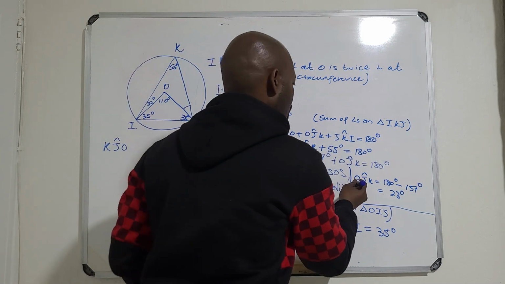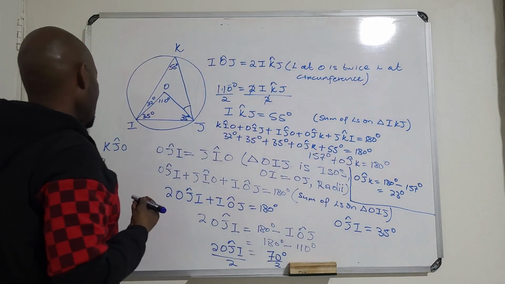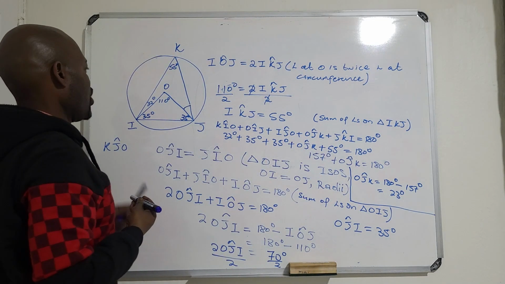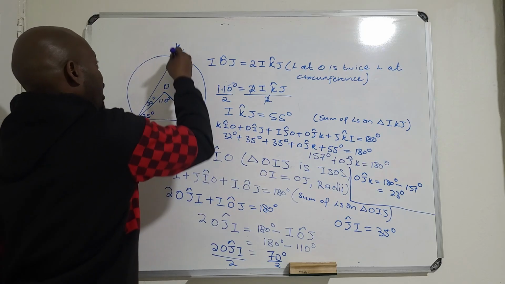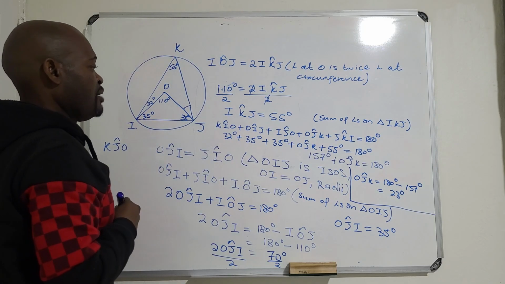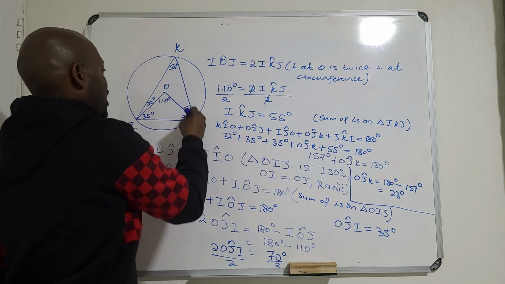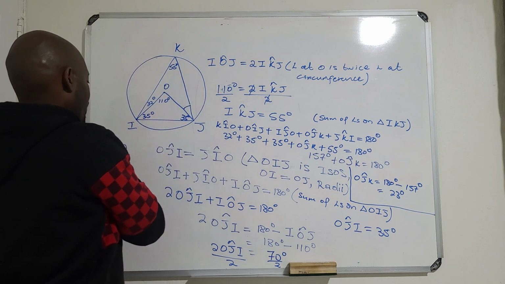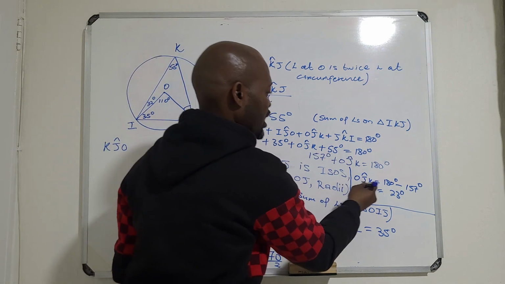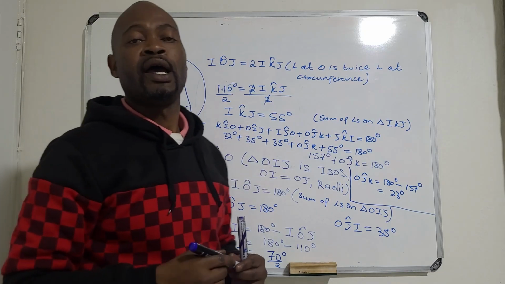And angle OJK, we can name it as angle KJO. So this and that is one and the same angle.